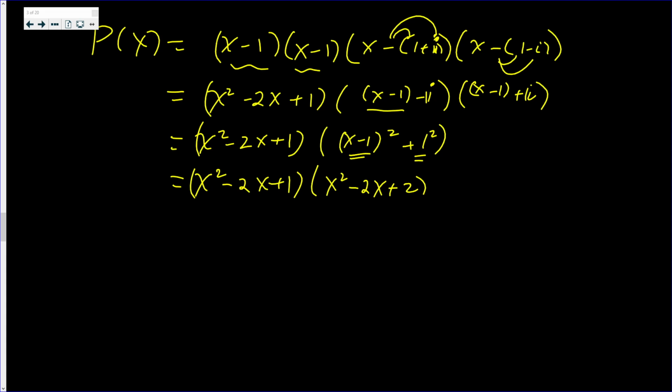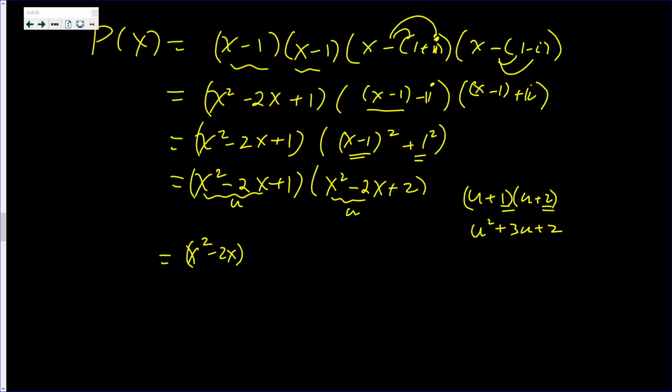Now, if you like, you can think of this as, say, u. If you had u plus 1 and you multiplied by u plus 2, you'd get u squared plus 3u plus 2. So we can do the same. You're going to get x squared minus 2x squared, that's the u squared, plus 3 times u, x squared minus 2x, plus 2.